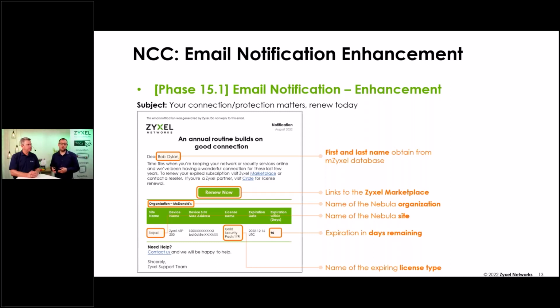First of all, you get your proper name that's obtained from our database. You get your organization where the license has run out. It shows you the site name, the device, and which license is exactly running out, how many days you have left, and you can now directly go to the Zyxel marketplace with the Renew Now button to renew the license.